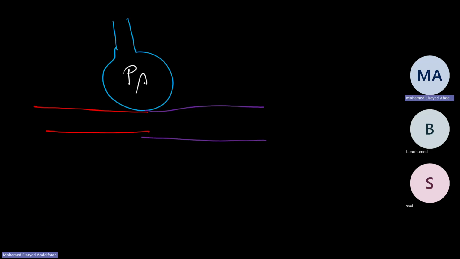Okay, so this is the alveolar pressure, this is the arterial pressure, and this is the venous pressure.